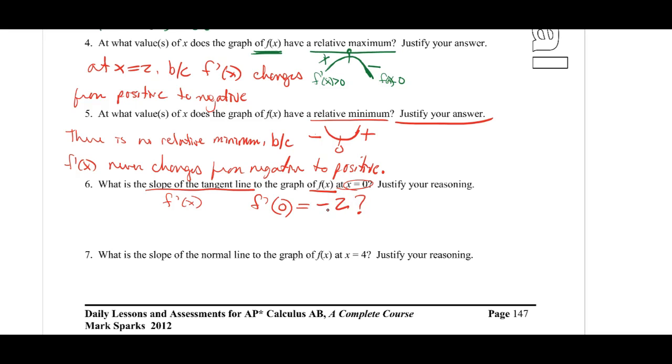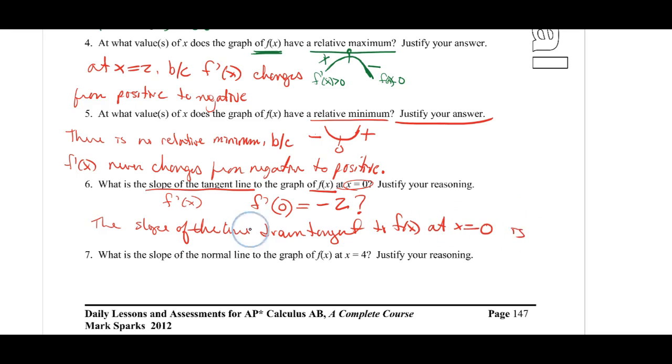My justification is because the slope of the line drawn tangent to f of x at x equals 0 is the value of the derivative at 0, which equals -2.